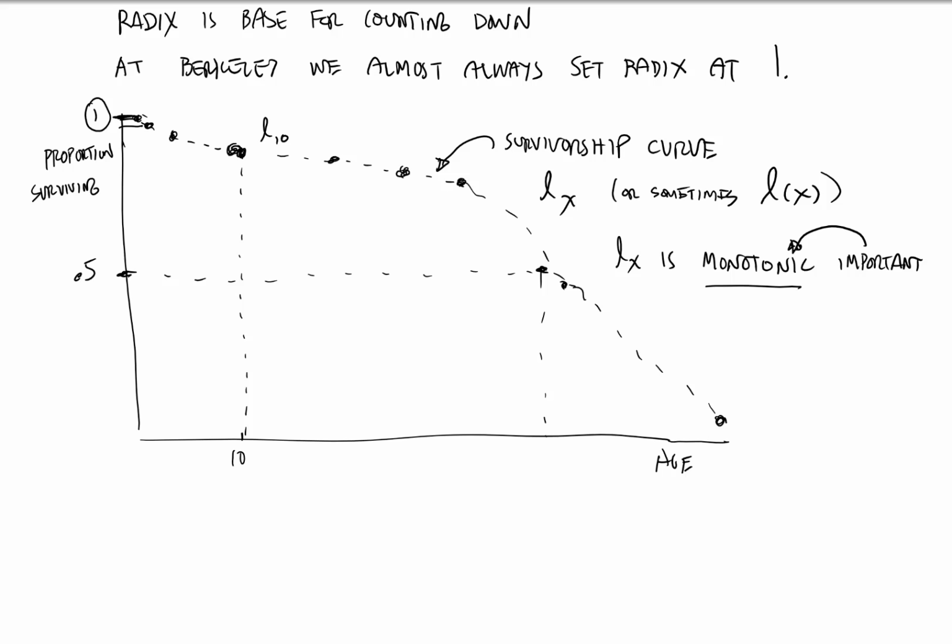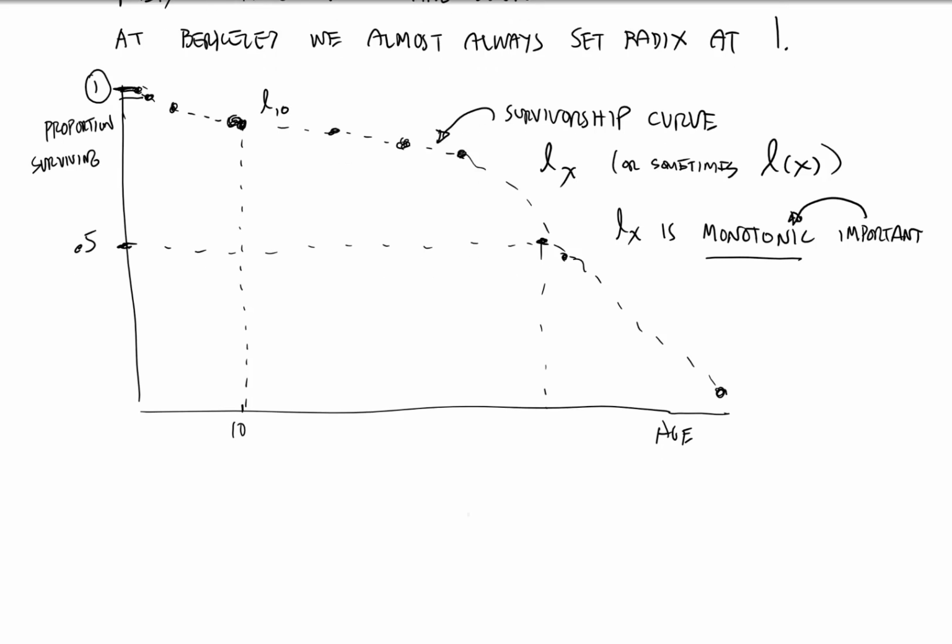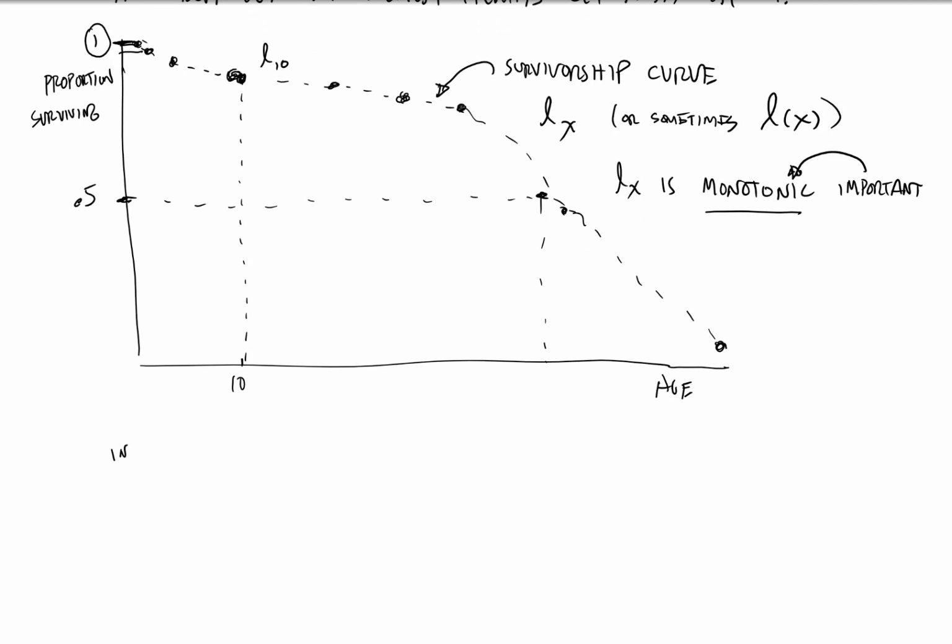Let me give you a couple of quick factoids. If you were born in the U.S. in 1900, 120 years ago, L1 was around 0.95.